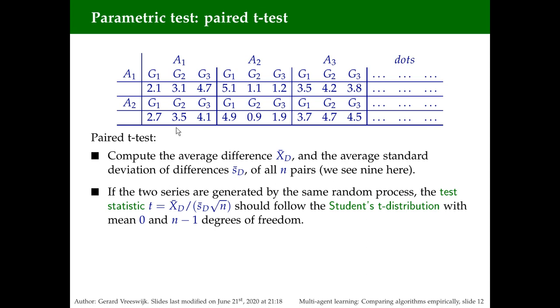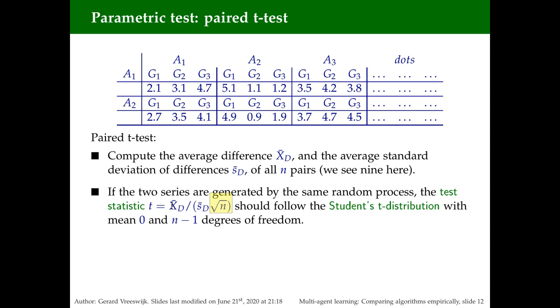Now if those two series here, so the first series and the second series, are generated by the same algorithms, or by the same random process, the following test statistic, so the following quantity, is the average difference divided by the average standard deviation divided by the square root of the number of rounds.